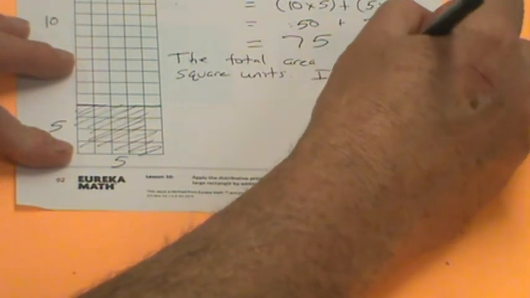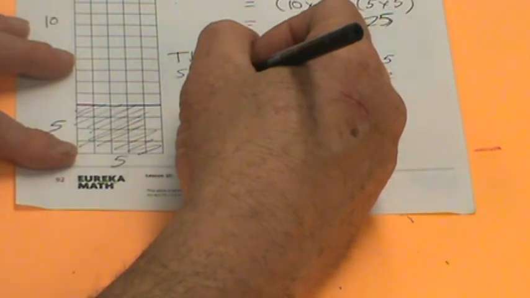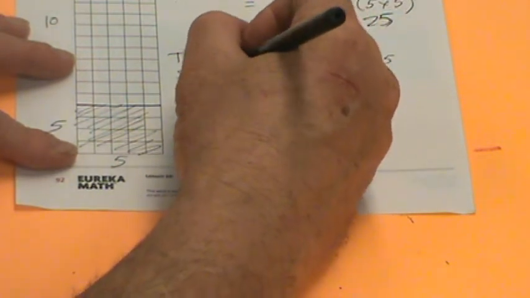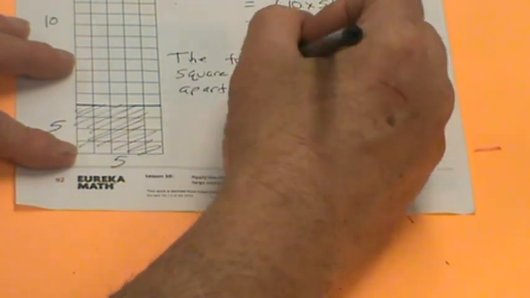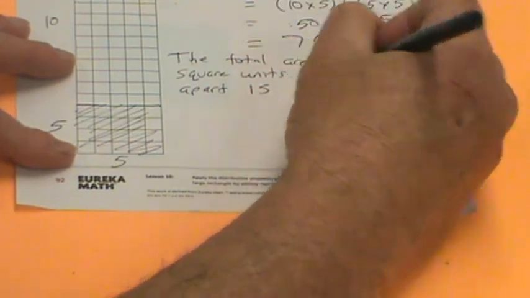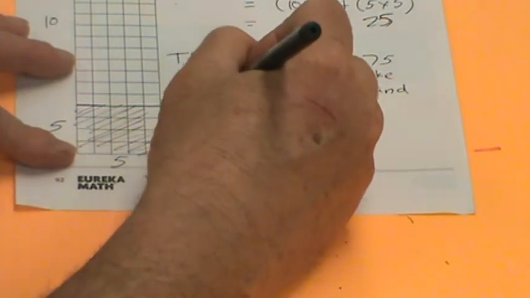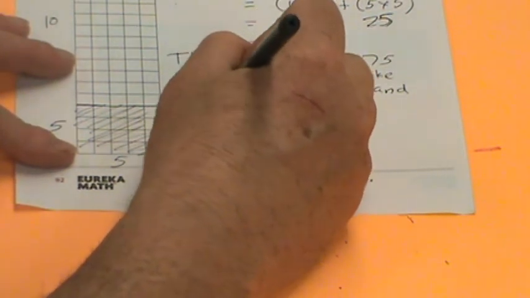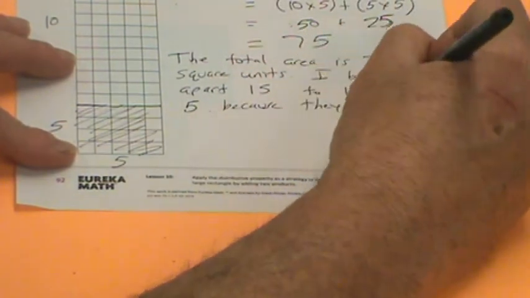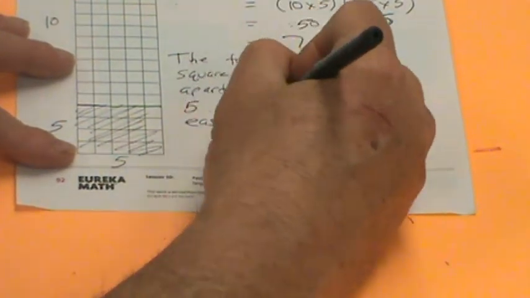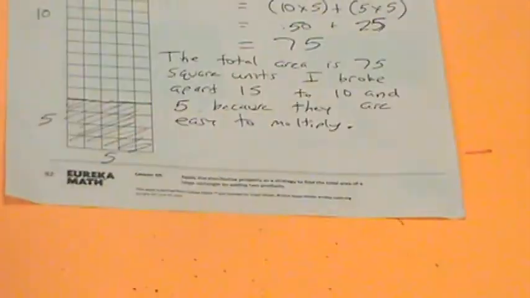I broke apart 15 to 10 and 5 because they are easy to multiply. Period. So that's what we're going to do.